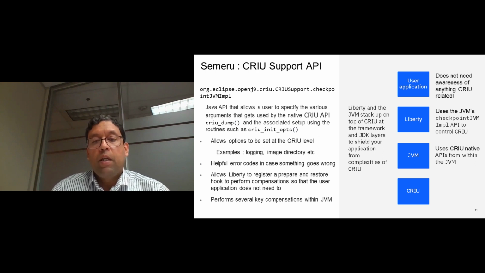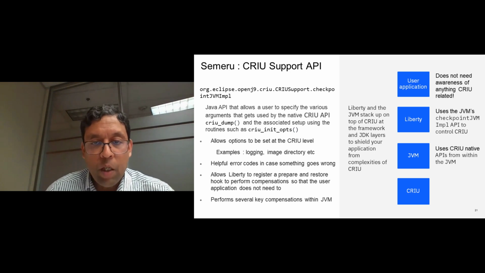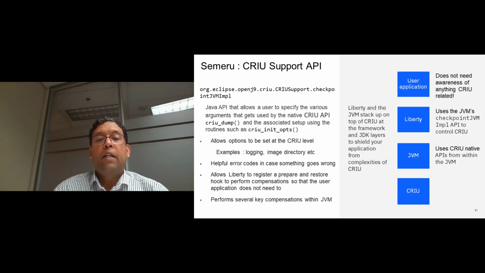Liberty uses the checkpoint JVM impl API offered by the JVM. The JVM in turn interfaces directly with CRIU through the native API that it offers. So all these tasks that need to be done to overcome the way CRIU restores the process are handled for you transparently by Liberty and the JVM. And that's the beauty of Instant On.